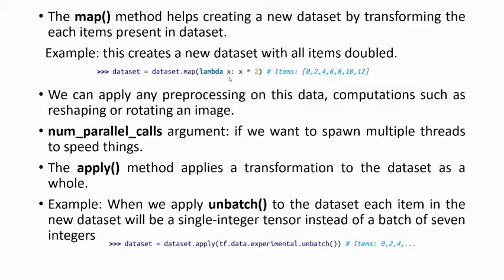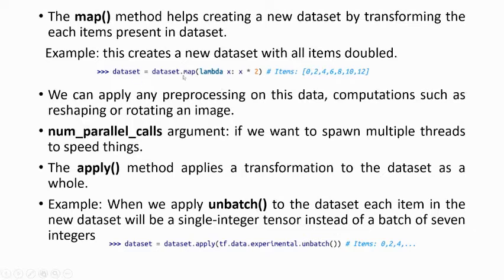That is a data tensor. On top of this tensor, if we apply the map method using a lambda function, x into 2, which means you are multiplying each value of x with 2, it returns a new data set by doubling the items.